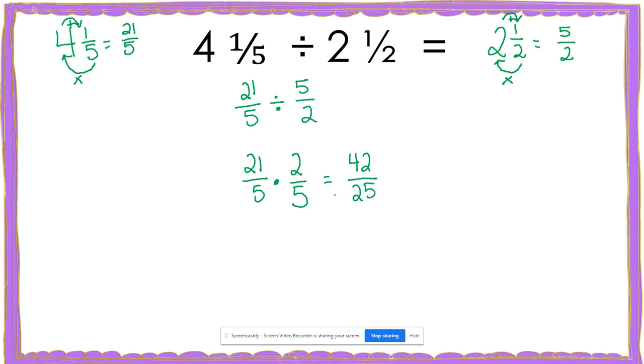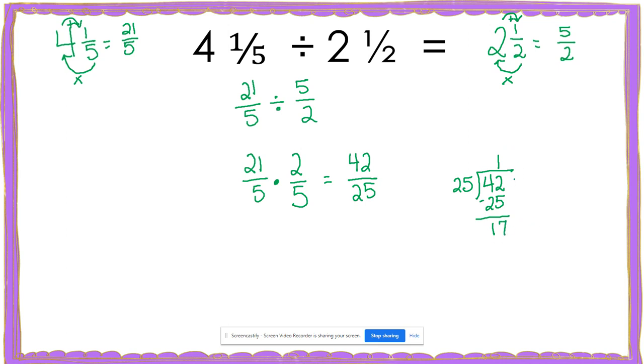Now if I look at this, I notice that this is an improper fraction, so I need to change it to a mixed number. To do that, I'm going to divide 42 by 25. I know that 25 will go into 42 only one time, and 1 times 25 is 25. Then I am left with a remainder of 17.